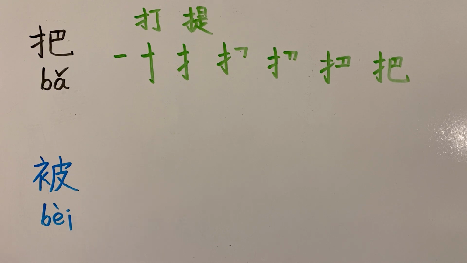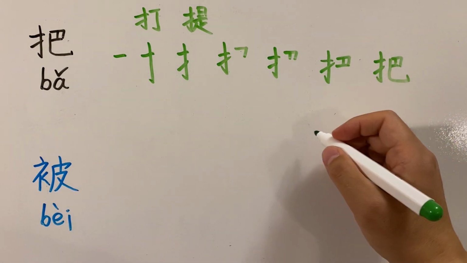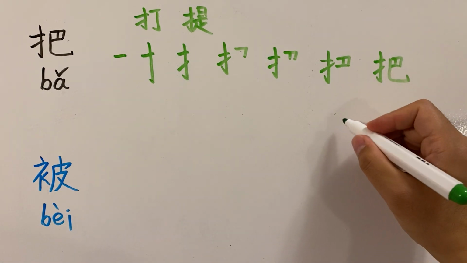Chinese people are very, very obsessed with this stroke order. If you write it in the wrong order, you will be corrected immediately. I always correct my son's writing order because kids love to creatively write Chinese characters. My son writes 把 like this.